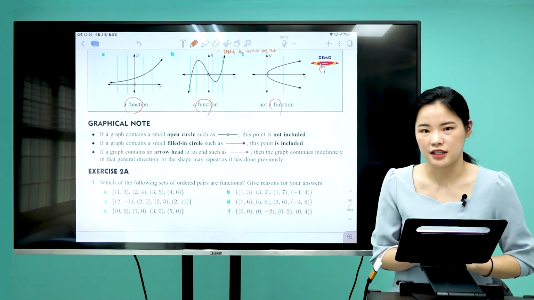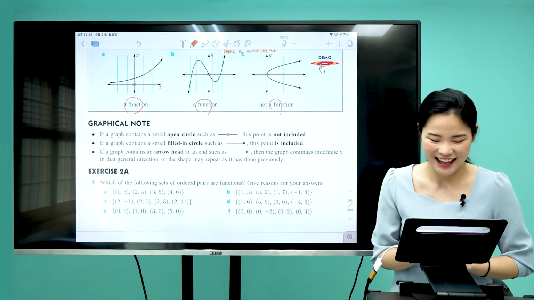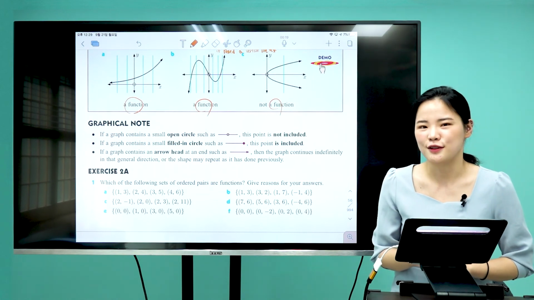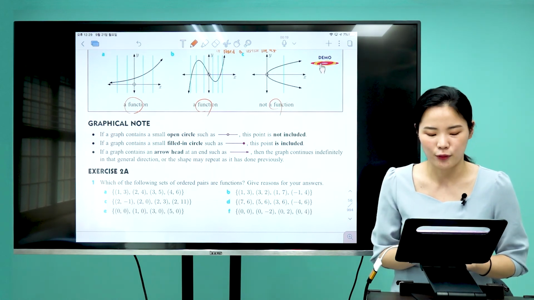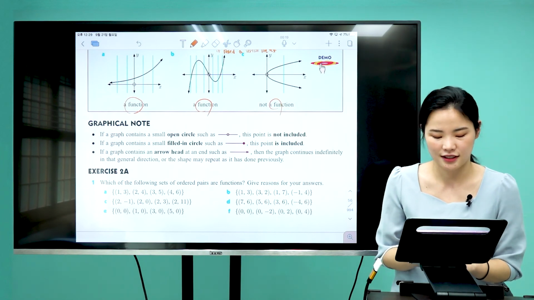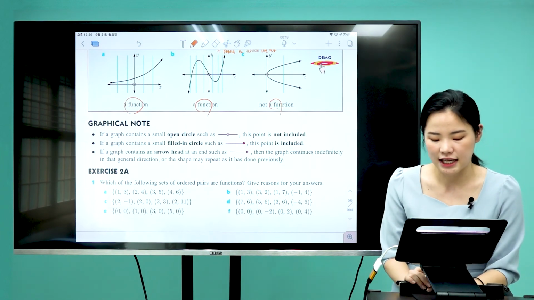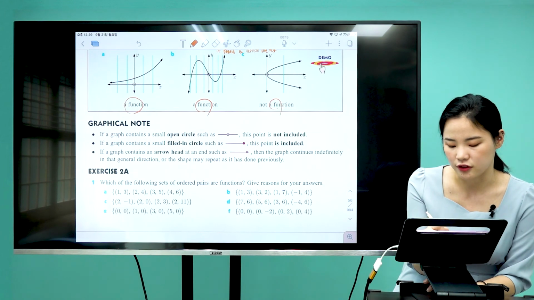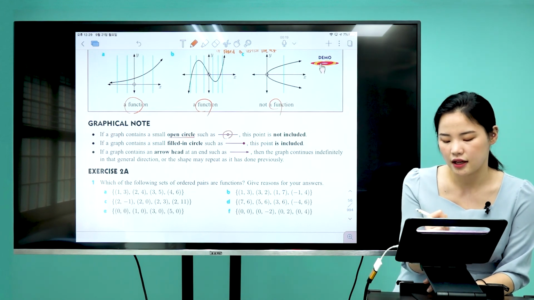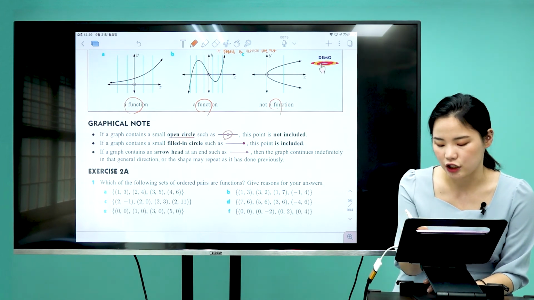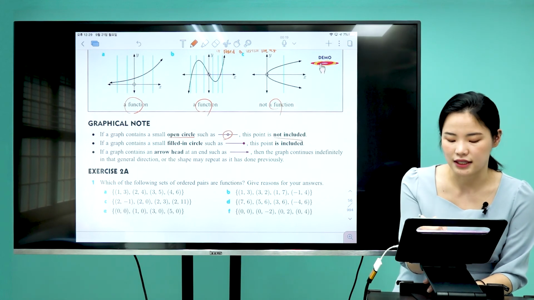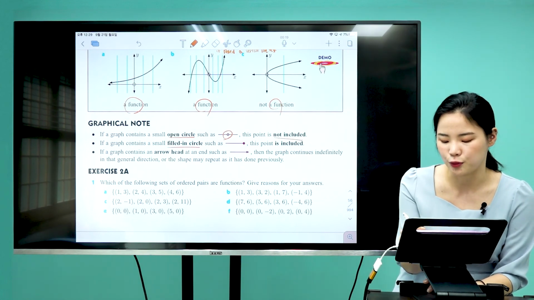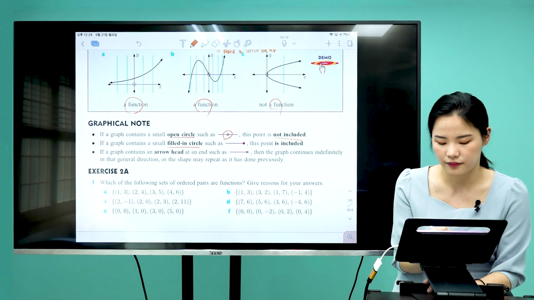So that is the gist of relations. Before we dive into drawing a Cartesian grid, we will talk about graphical notes. If a graph contains a small open circle, such as this, the point is not included, while if it is a filled-in circle, it would be included.